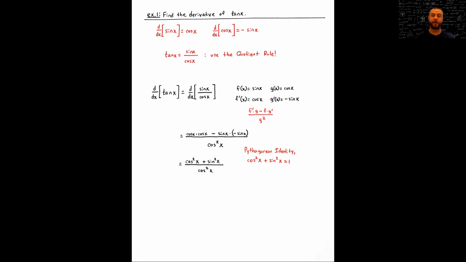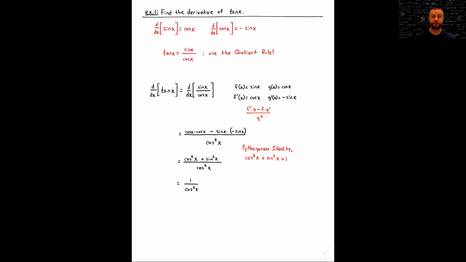And this one will pop up a lot throughout questions we're covering within the lecture and then questions within the homework. So we're going to use the basic one here. Cosine squared of x plus sine squared of x equals 1. What that allows us to do is simplify the entire numerator. It just becomes 1. And we can now write in a simplified form, the derivative of tangent is 1 divided by cosine squared.